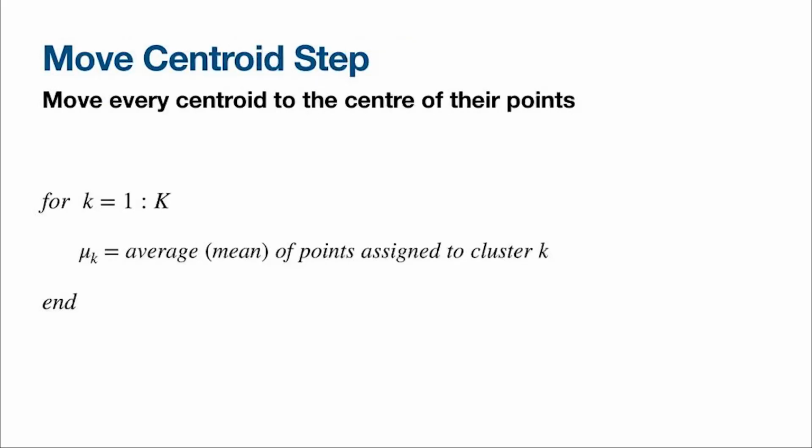Now the second step is the move centroid step. As I told you earlier, this is the step where the queen bees move and make a decision based on which cluster seems to be theirs. What I didn't tell you is how they make this decision.